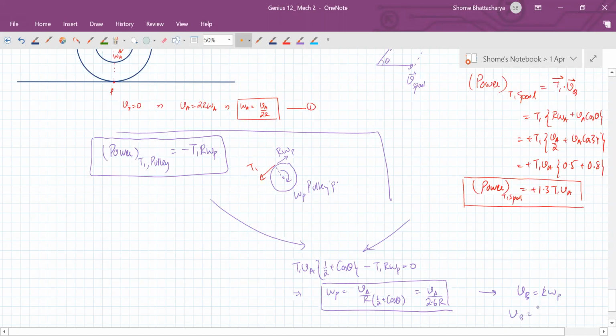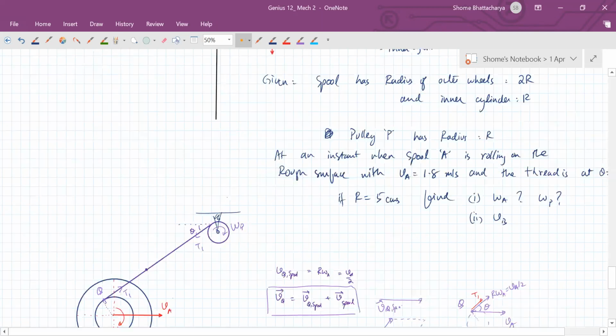So the velocity of the block will come out to be VA upon 2. We have taken, but that will come in the second one, which I'm not writing separately.